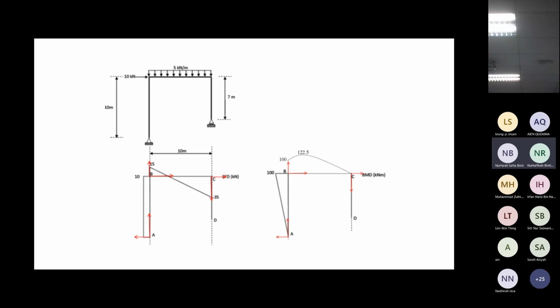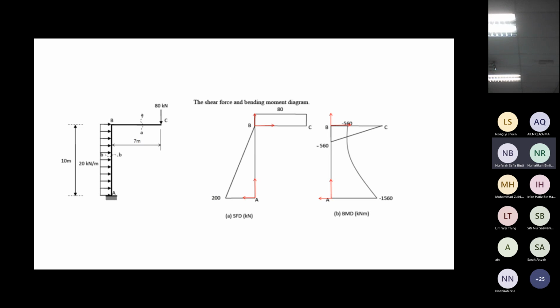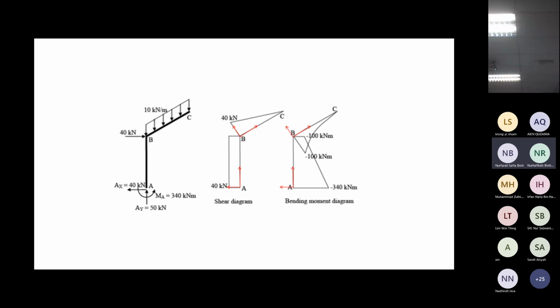So this is the thing that I want you to take note of by looking at the bending moment diagram and shear force diagram. As you notice here, negative 560. On the other side, also negative 560. Negative 560 is from this side, and from this side, we draw also negative 560. They should be the same unless there is a concentrated moment acting there. So these are the things to check when you look at shear force diagram and bending moment diagram.